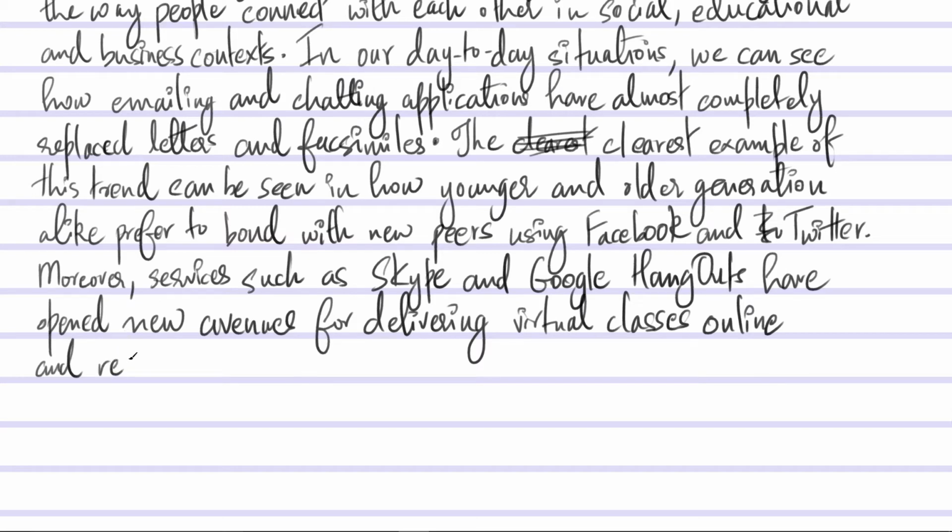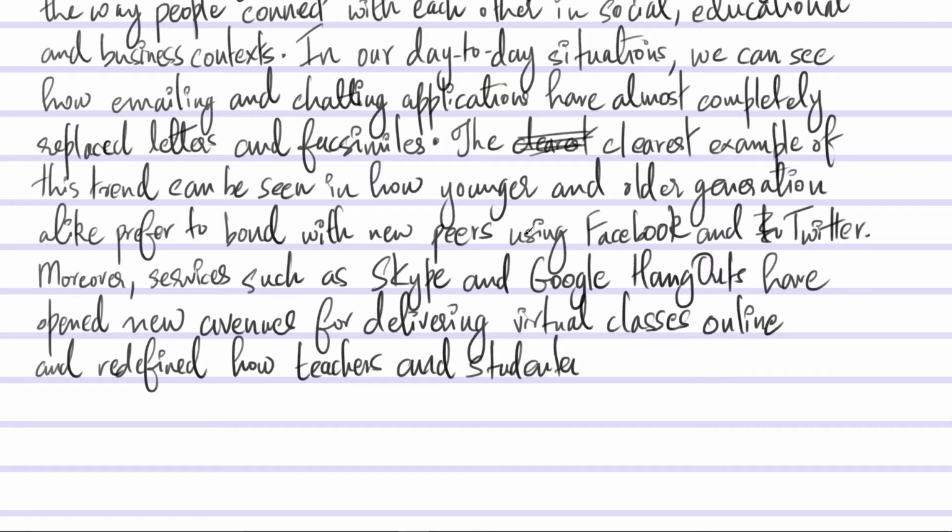And compound sentence. So mix simple sentences with complex with compound sentences, and redefined how teachers interact with students, and vice versa.